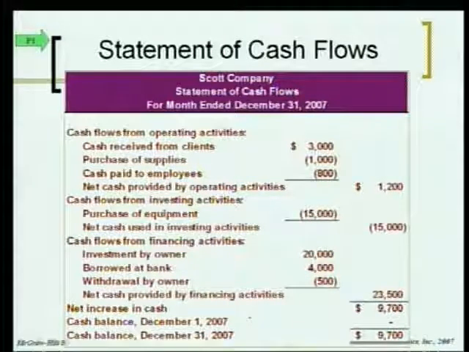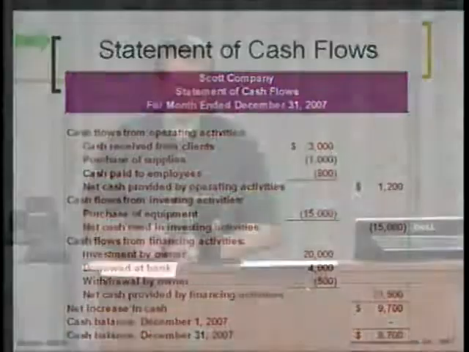It's beyond the scope of this class. Anybody going to take Accounting 2? They already know they're going to take it. You're going to learn how to prepare the cash flow statement in Accounting 2. But for now, just know that it is the fourth of the required financial statements for financial accounting. And note kind of what it looks like, but you don't have to prepare it, okay?